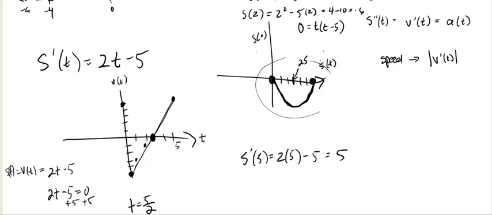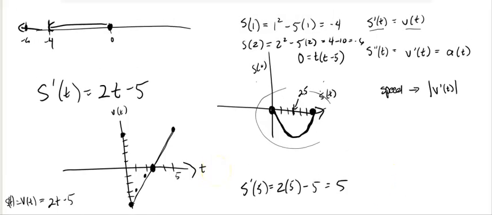So the velocity is 0. What happens when the velocity is 0? That means the object stopped. What was happening here, it appears, is that the object was moving backwards, somewhere it stopped, and then it started going this way. For example, s of 3 is 3 squared minus 5 times 3.